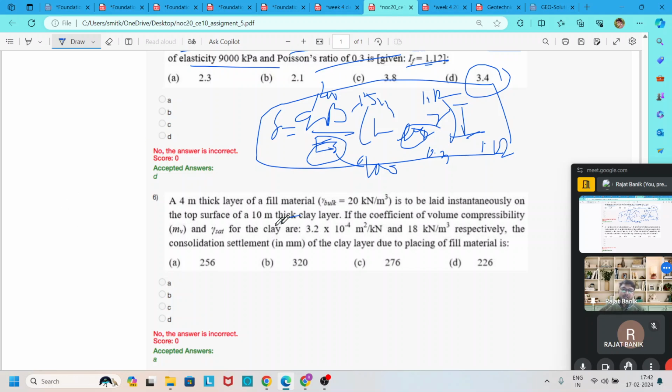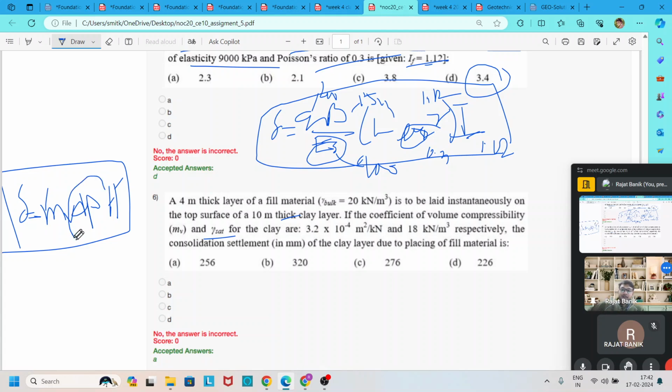So mv is given, thickness of the layer is given. If you remember, the consolidation formula is mv into dP into thickness of the layer H. So we use this formula. mv is given, H is given, but dP is not given. Why does this settlement occur in the clay layer?